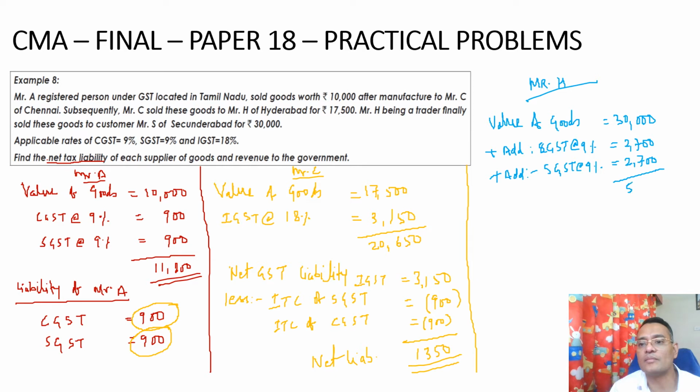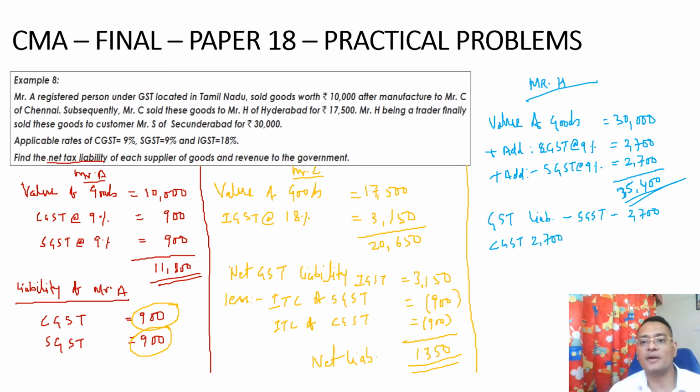So 35,400 is total, and GST liability of Mr. H is SGST 2,700 and CGST 2,700.